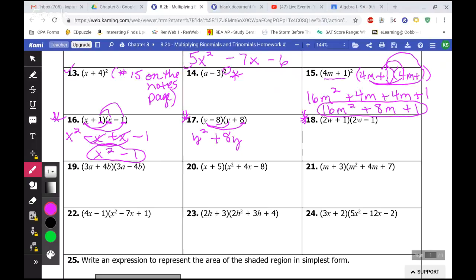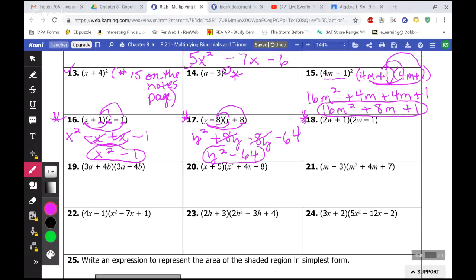And it doesn't matter if the plus is in the first binomial and the minus is in the second. It doesn't matter which way, because when you're applying the FOIL method, it's still going to turn out. Those should cancel out when you combine, and you should end with this.